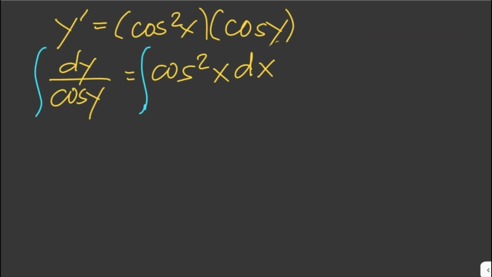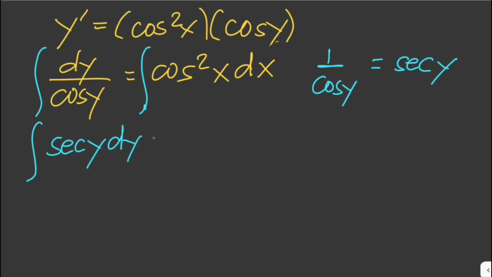1 over cosine y is not integrable, so we need to rewrite it using a trigonometric identity. 1 over cosine y is just equivalent to secant y, so this becomes the integral of secant y dy.